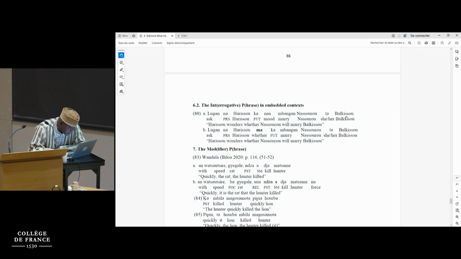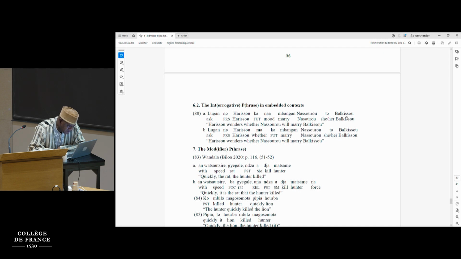Now, in 80B, the indirect question complementizer ma is whether. The future tense and the verb marry precede the grammatical subject. But notice that in 80A, the indirect complementizer whether is absent. That's because we have the mood marker, na, in the embedded clause.